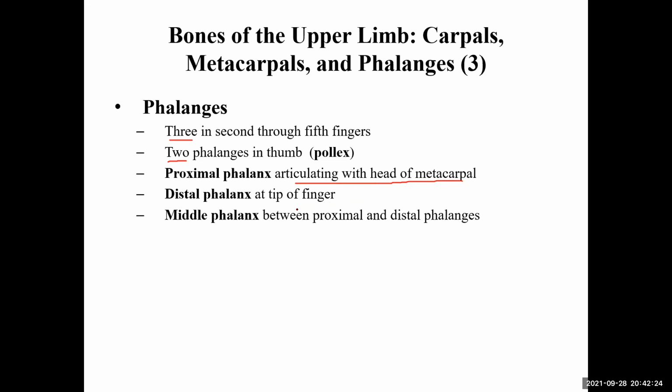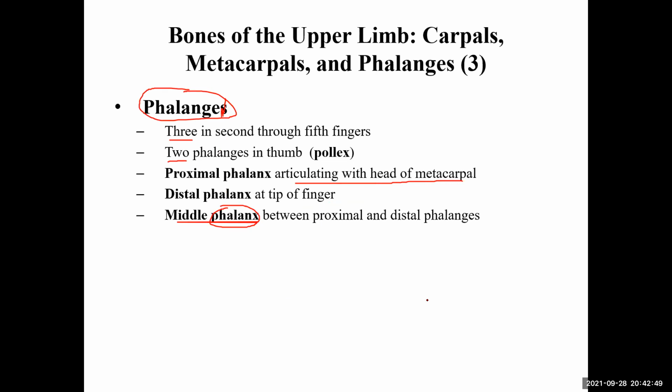And then the phalange in between the proximal and distal is going to be the middle phalanx or phalange. Now you can either say phalange without the S, if you want to say individual bones, or you can say phalanx. So you have those 2 options.